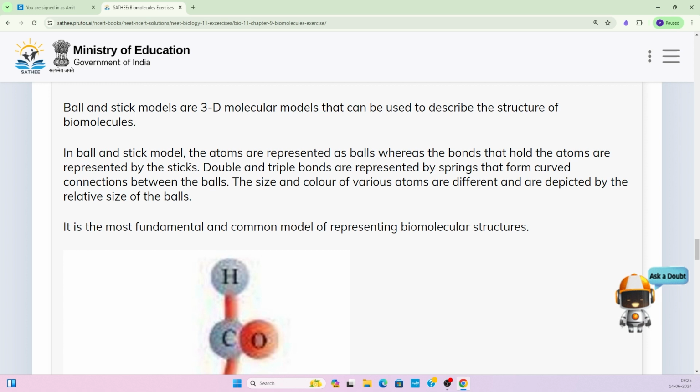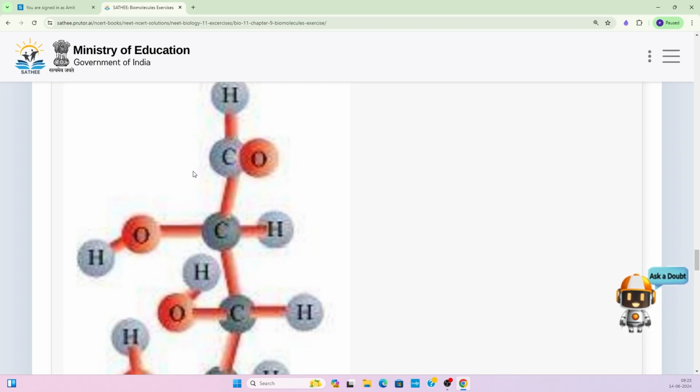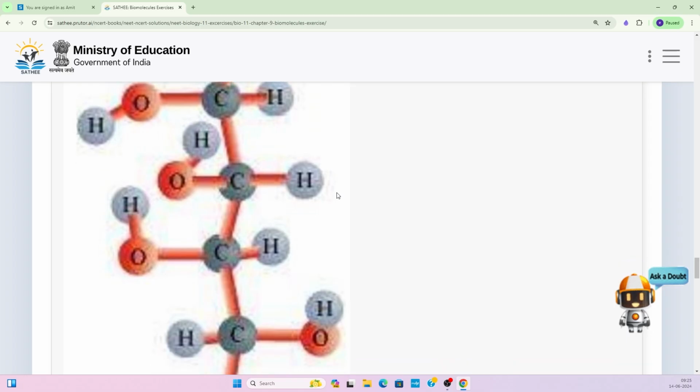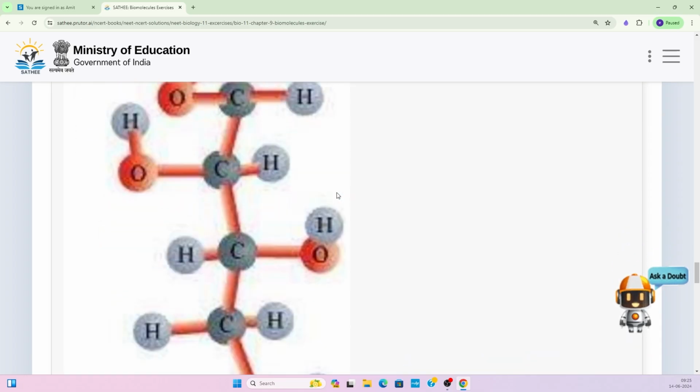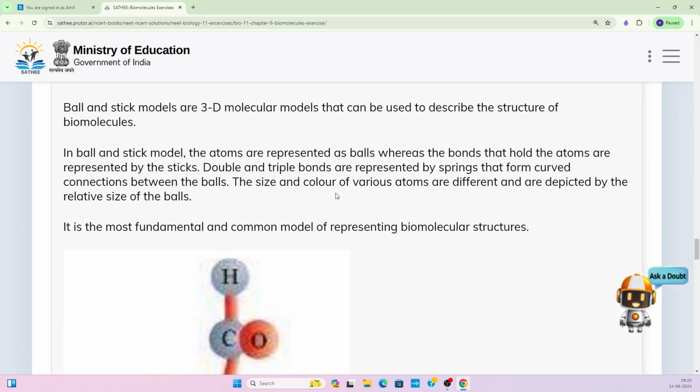Double and triple bonds are represented by springs, which are curved connections between the balls, right? The size and color of various atoms are different and are depicted by the relative size of the ball.